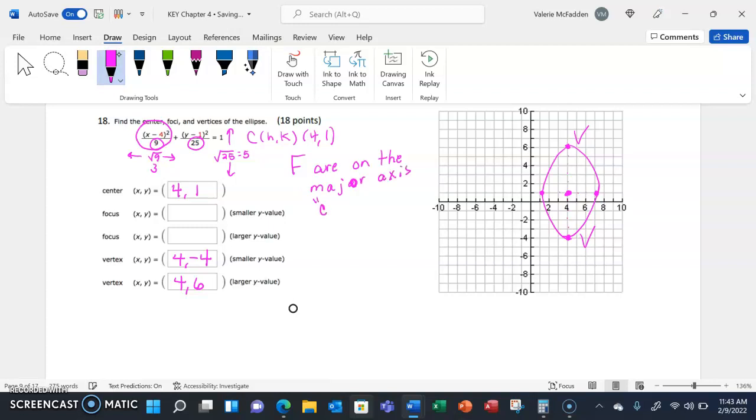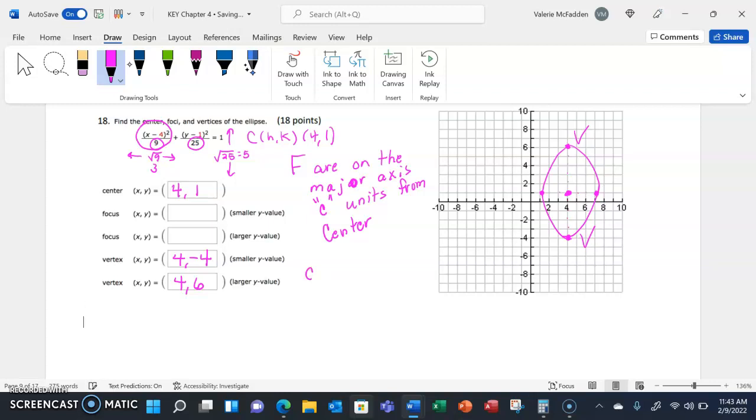They're c units from the center, and I'm going to show you how to find c. We always just say little c.